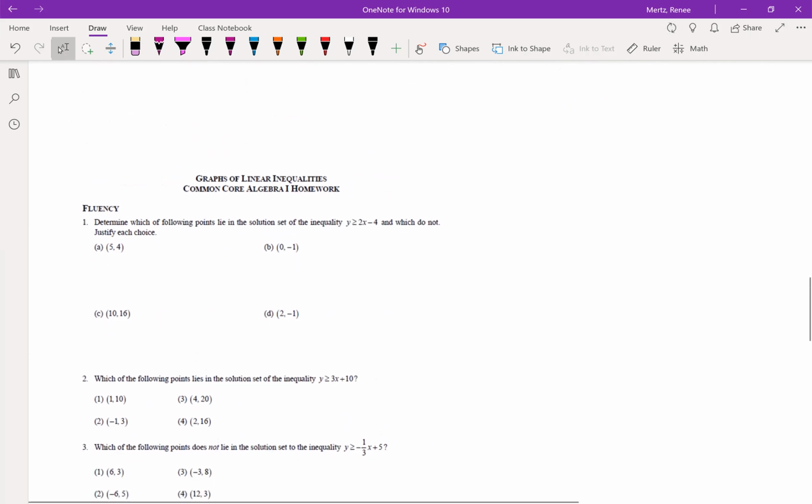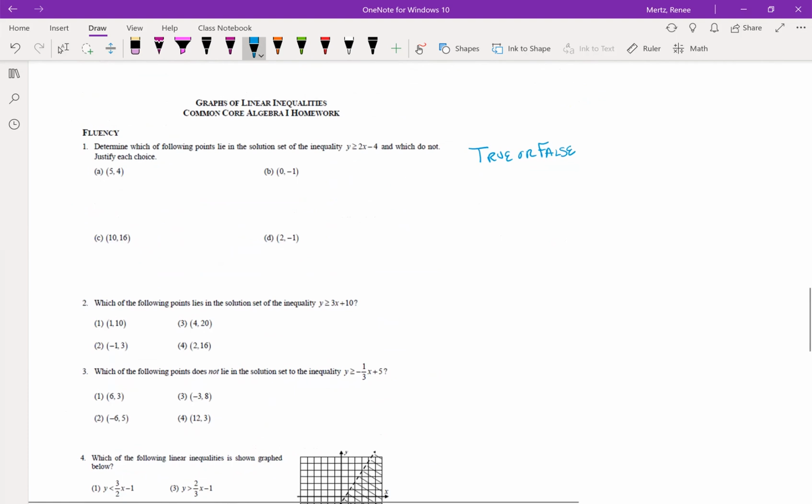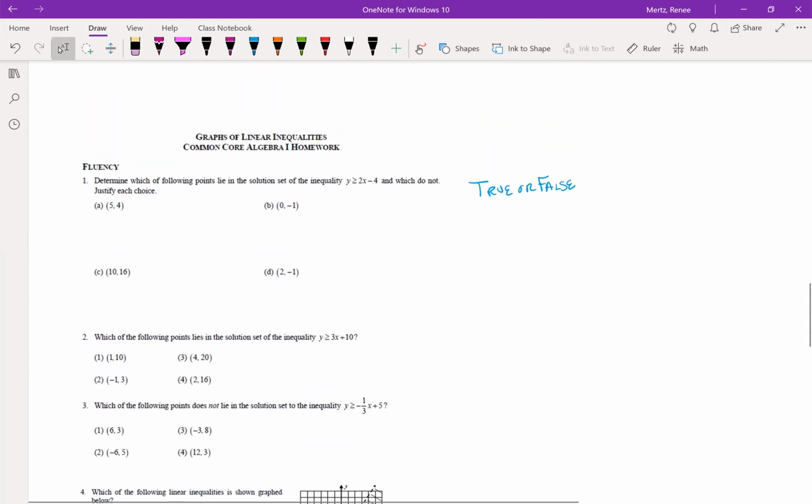On the second set, you're just plugging each point in and saying true or false. So you're plugging them into the original. Let me do the first one for you. So 5, 4: x equals 5, y equals 4. 4 is greater than or equal to 2 times 5 minus 4. 4 is greater than or equal to 6.